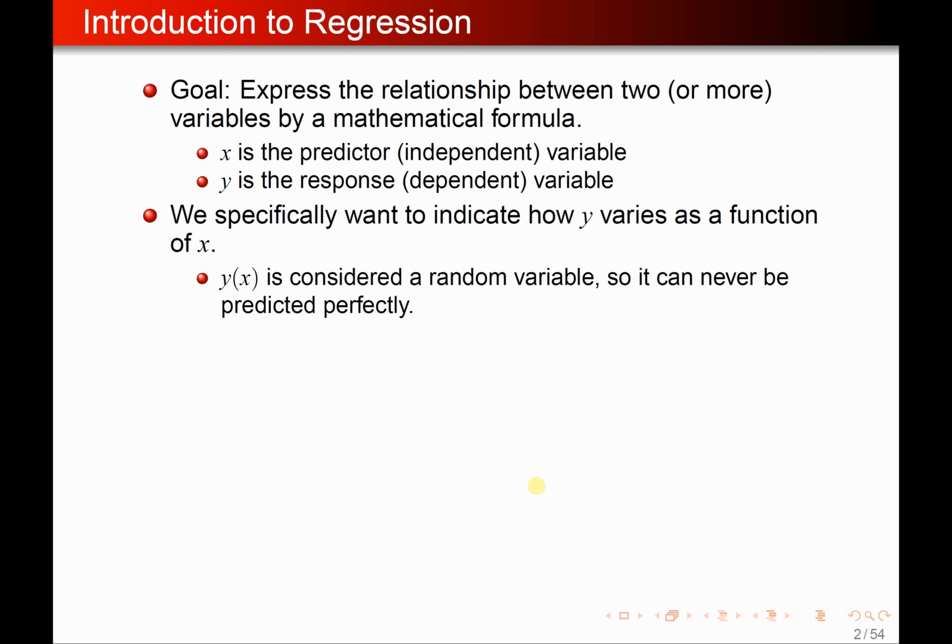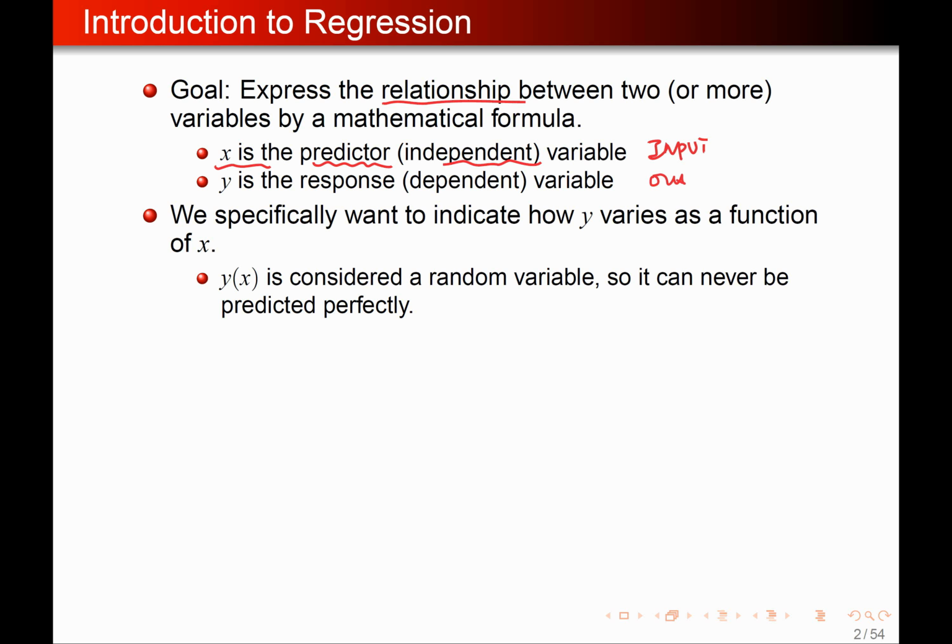So introduction to regression. Our goal is to express the relationship between two or more variables by a mathematical formula. And we have x. So here x is the predictor. Predictor is an independent variable. And this is also the input variable.